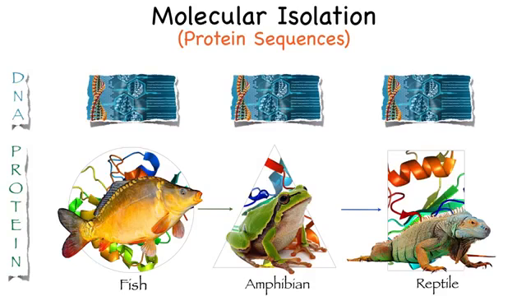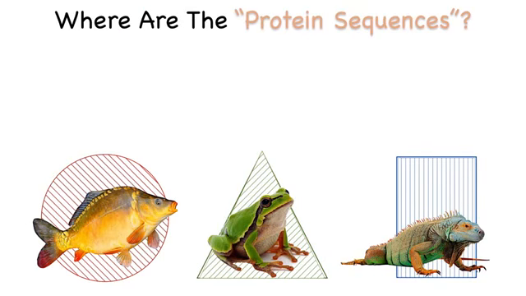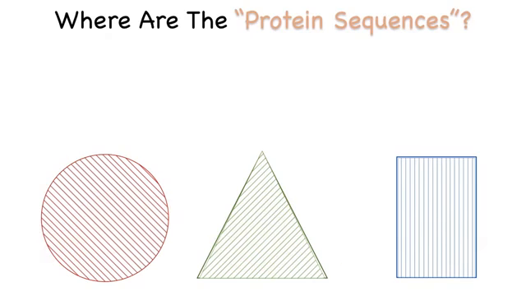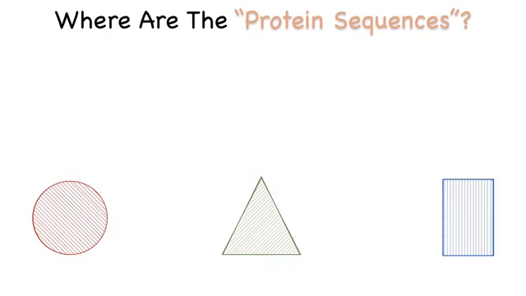These are, as a scientist might describe, in molecular isolation. But why? Why is there molecular isolation? If each came from a common ancestor, that same first life, one-celled creature, they should have similar protein sequences, not different ones. To simplify the differences in protein sequences for the fish, amphibian, and reptile, let's use red, green, and blue colored lines here. And let's shrink down the shapes here.